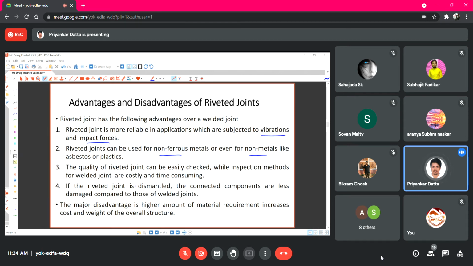But if it is joined using a welded joint, since the welding melts both the materials, the damage will be much higher, and the original component may be destroyed or become defective.